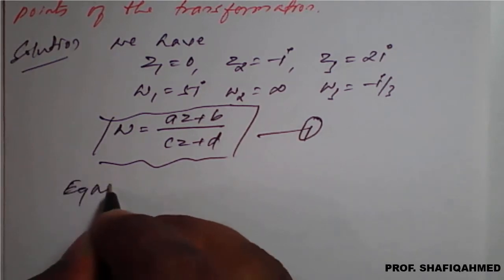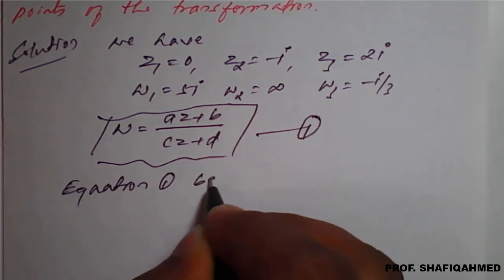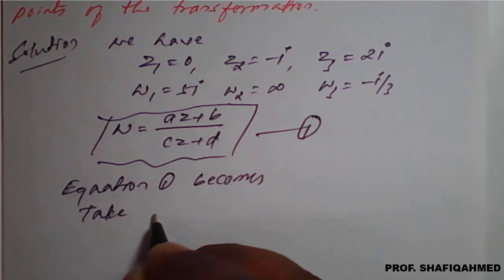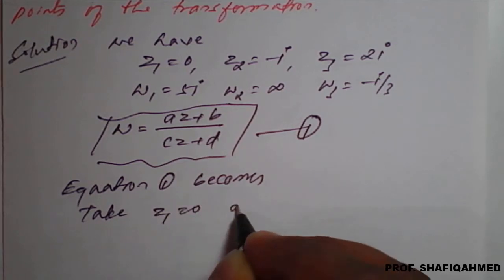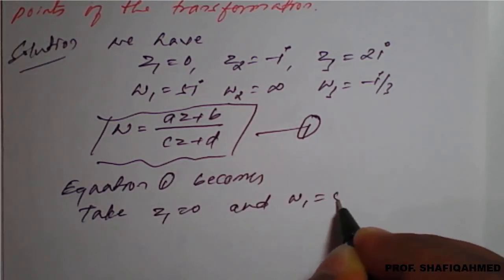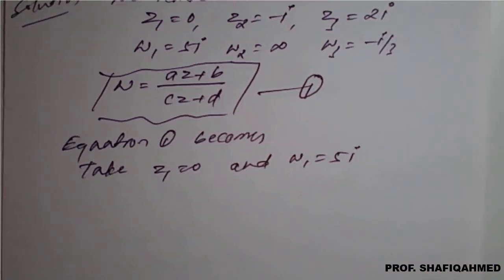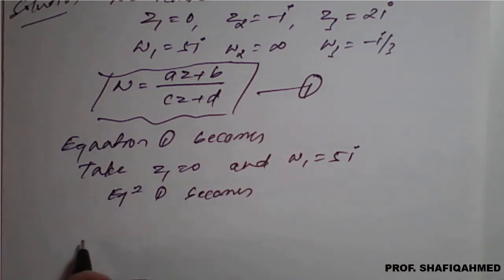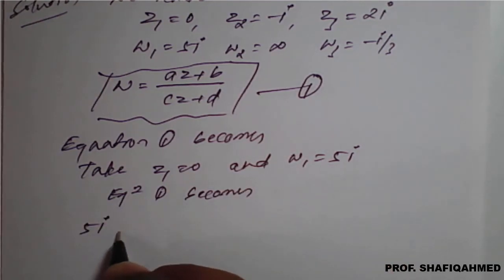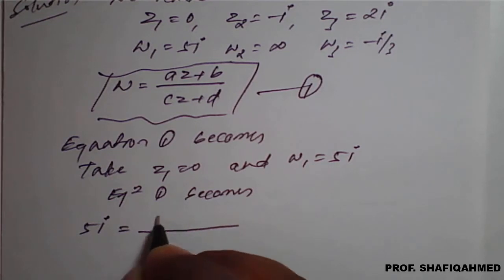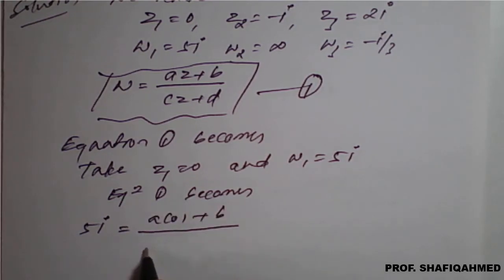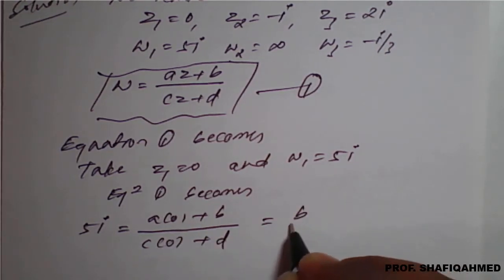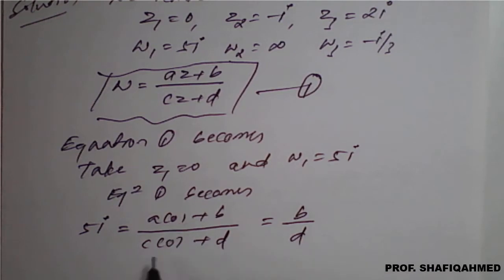Equation 1 becomes, taking z1 = 0 and w1 = 5i: 5i = (a·0 + b)/(c·0 + d). This is nothing but b/d, because a·0 is 0 and c·0 is 0.